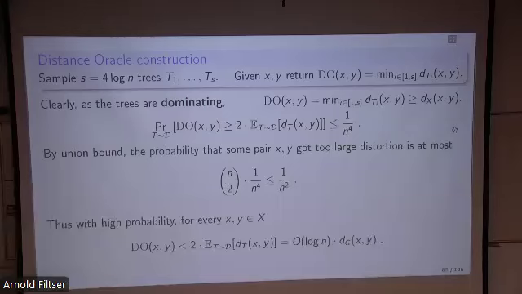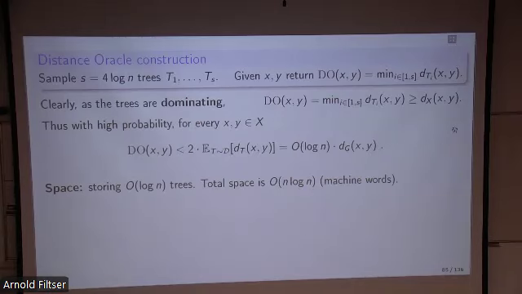Right? And so the space, let's see what we got here. What's storing trees? Storing trees is just linear space. I need to store log n trees, so my space will be n log n. And we, by the way, count space in machine words. For the query time, we just need to go over all the trees, and in every tree check what's the distance.